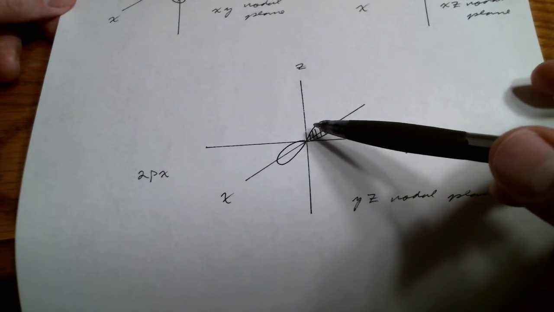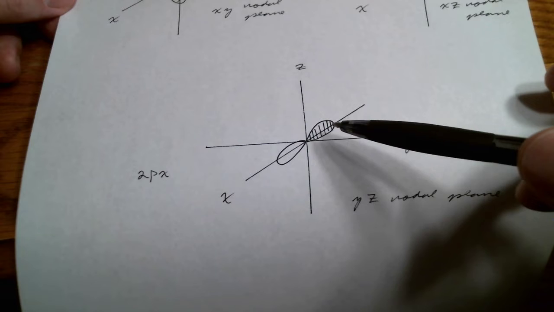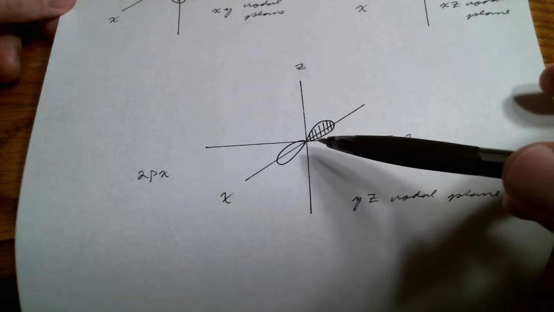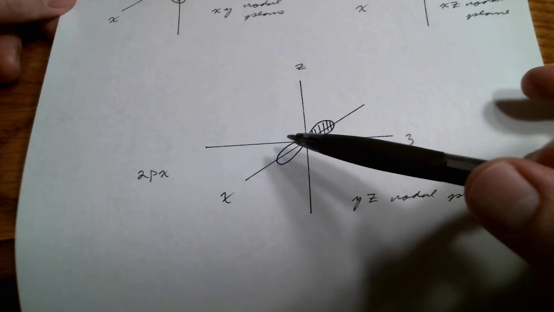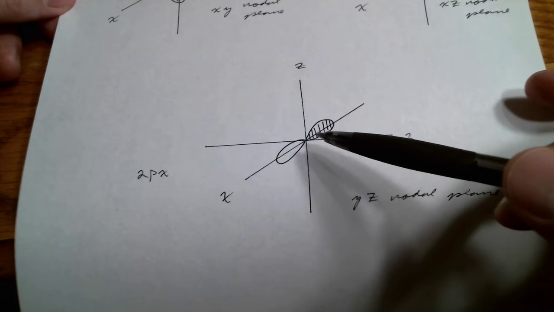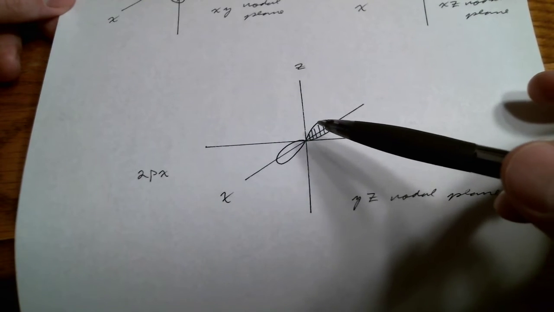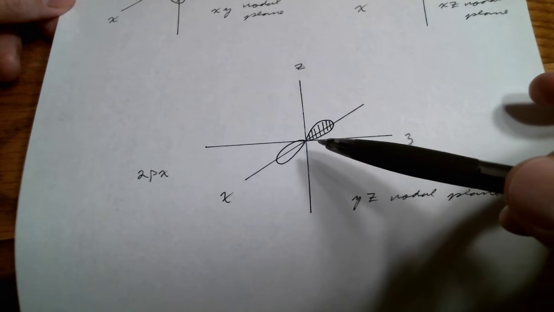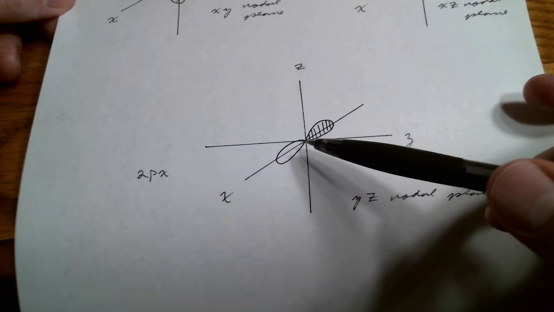Now, of course, when we draw our p orbitals, we sort of approximate these lobes, and a p orbital is a much more complex thing than just some lobe extending a certain distance from the 0, 0, 0 coordinate, or the nucleus.